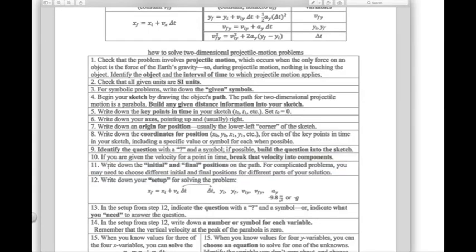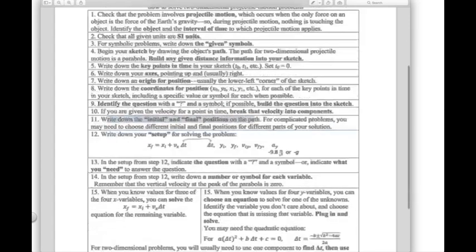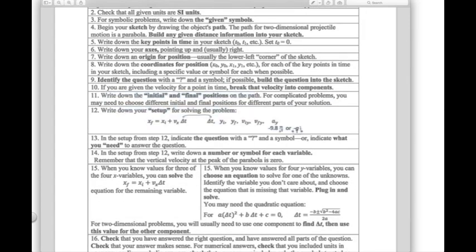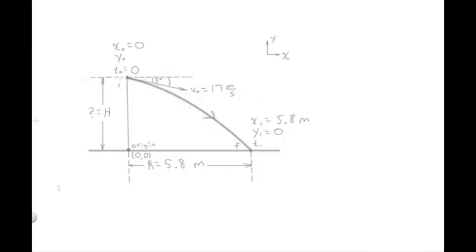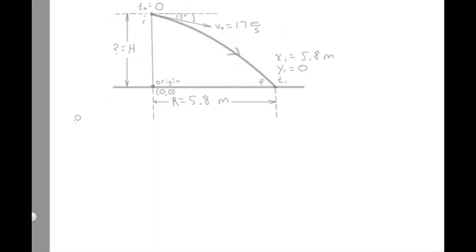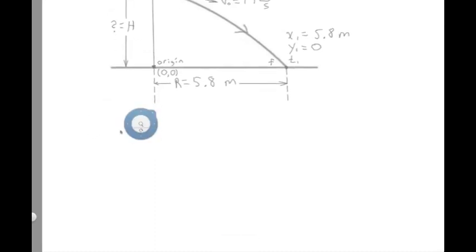So we've figured out the initial and final positions on the path. Now we're going to write down our setup. This step is the same for pretty much any projectile motion problem, so let's actually carry out that step. So here's the setup for our x component. The setup for the x component is a single equation because we already know the equation we're going to use for the x component.